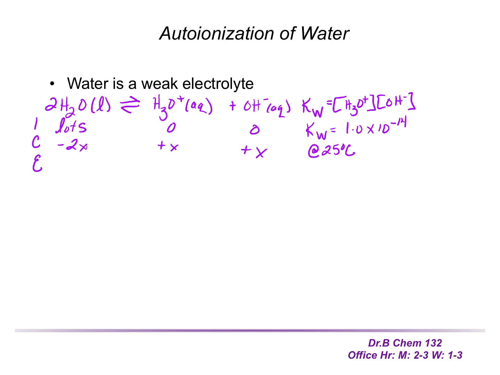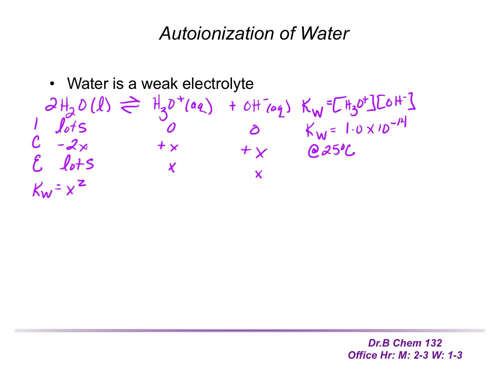When I come down to my equilibrium line, lots minus 2x is still lots, and liquid water is not in the equilibrium expression. That's why solids and liquids don't exist in the equilibrium expression, because they are essentially unchanged. This gives me x, and this gives me x. So Kw equals x squared.